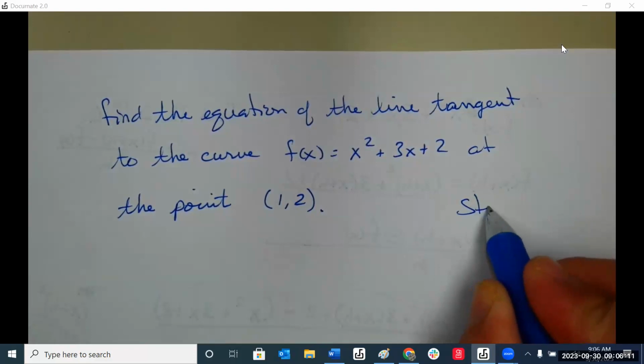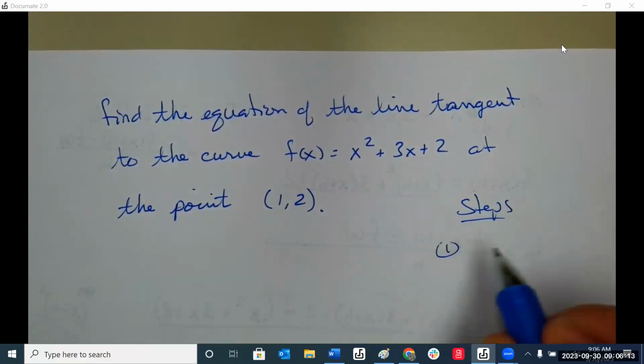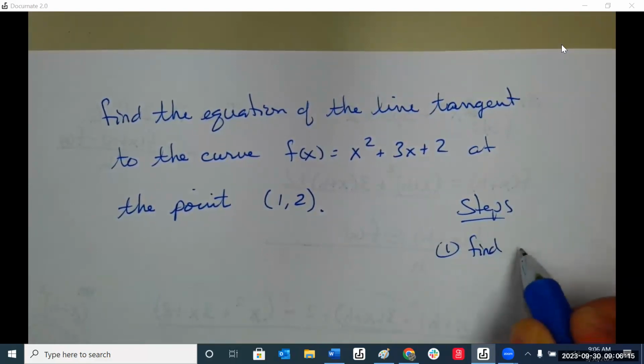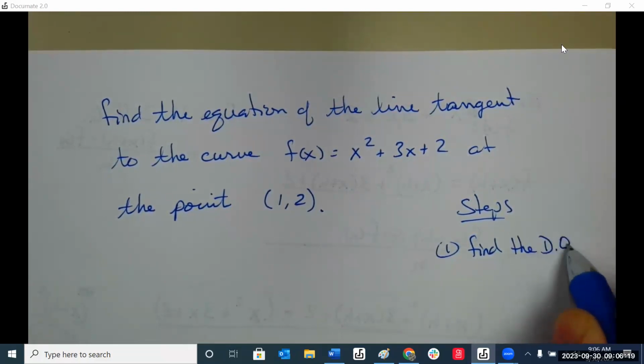So your steps: find the difference quotient, because remember, the slope equals the difference quotient.